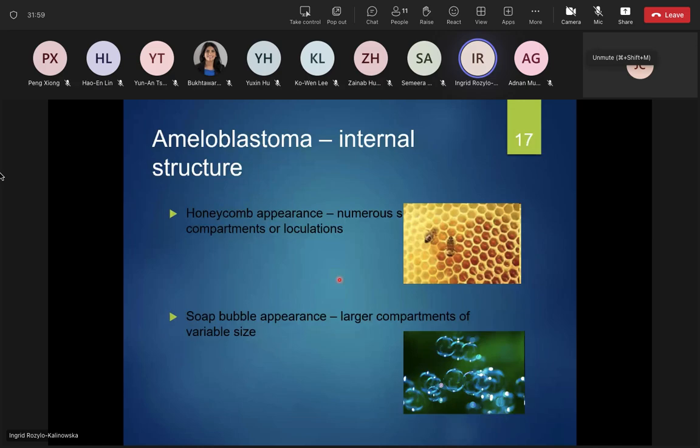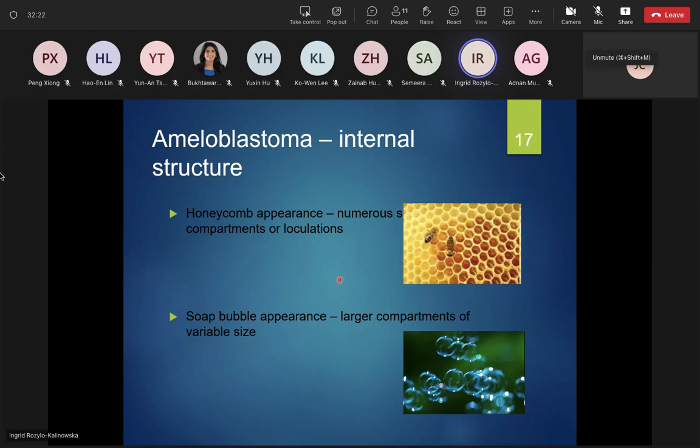So the structure of the tumor is reported as honeycomb when the loculations of the tumor are smaller, and soap bubble appears when larger compartments are visible.